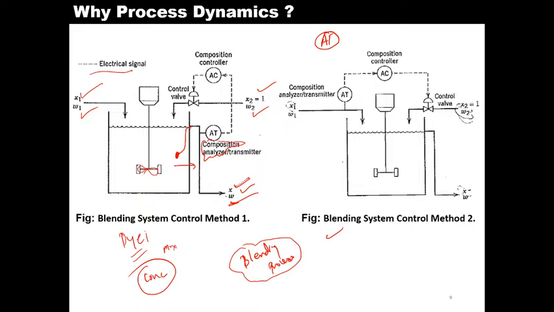Then one controller is there, and a set point is also there, to take the difference. Set point minus measured value generates some error, and based on that error the composition controller sends a signal to the control valve, and ultimately the flow rate of this fluid is going to be controlled.